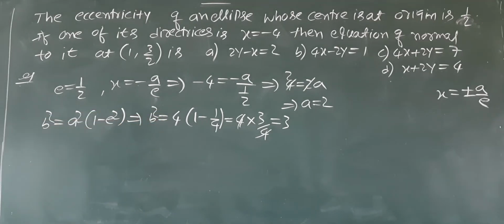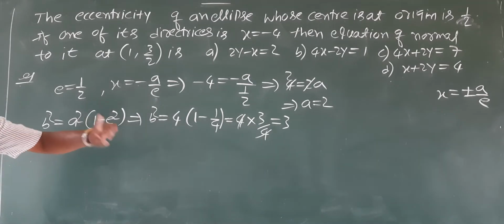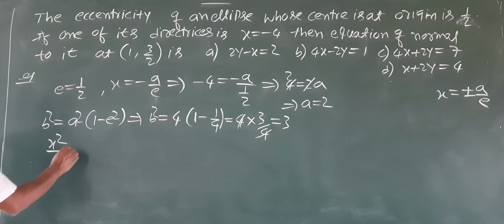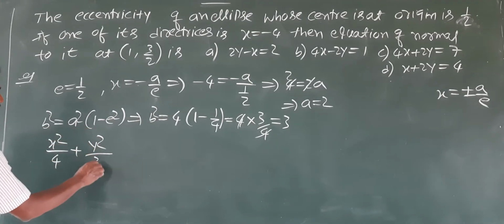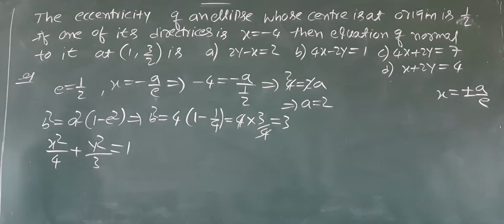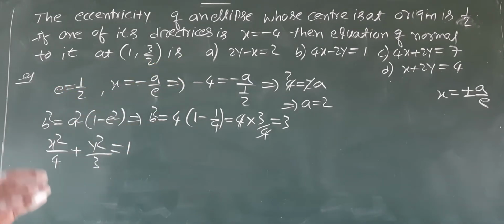Now I write the ellipse equation. Ellipse is x square by a square plus y square by b square. A square is 4, plus y square by b square is 3, is equal to 1. The equation of normal: first I write the tangent equation.